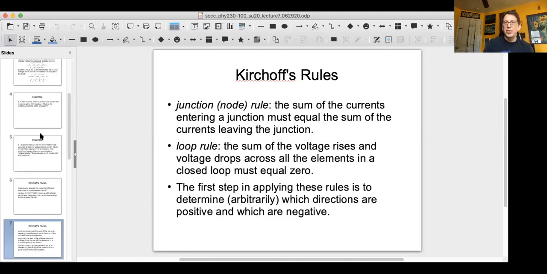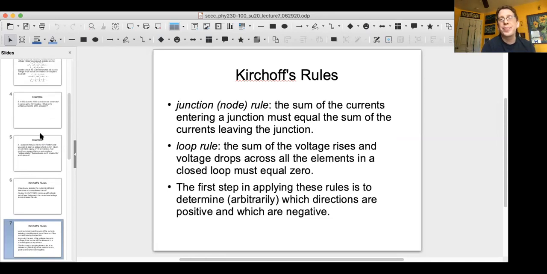So there are 2 rules. The first of which is the simpler one, the junction rule. The sum of the currents entering a junction must equal the sum of the currents leaving a junction. For n junctions in a circuit, there are n minus 1 independent equations.